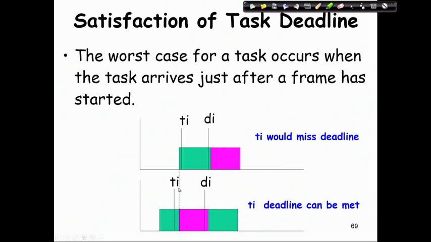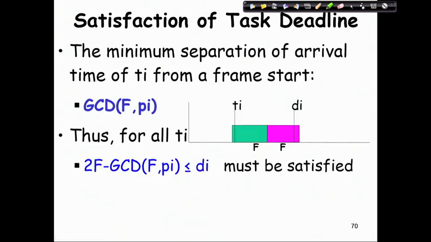Obviously, if our frame size is larger than the gap between the task instance and its deadline, we may not have a clear frame which exists between these, but then can we do better than that?